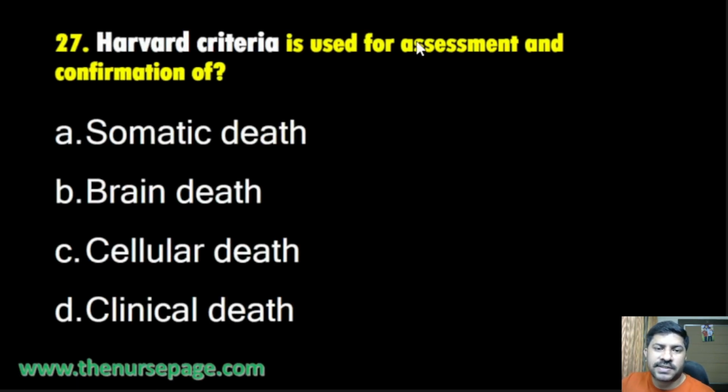Harvard criteria is used for assessment and confirmation of somatic death, brain death, cellular death, clinical death. Harvard criteria is used for the assessment and confirmation of brain death.